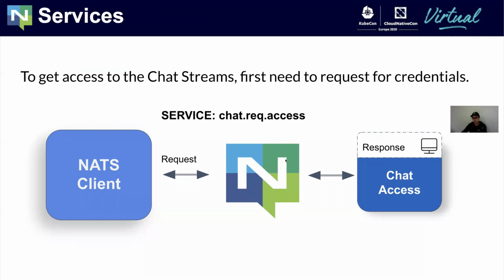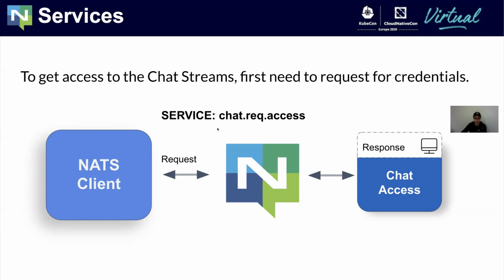In terms of the services, because NATS has support for not only a sequence of events and streams, you can also use services. So basically, make RPC requests to get a single response. A service that will be part of this is the request for access service.